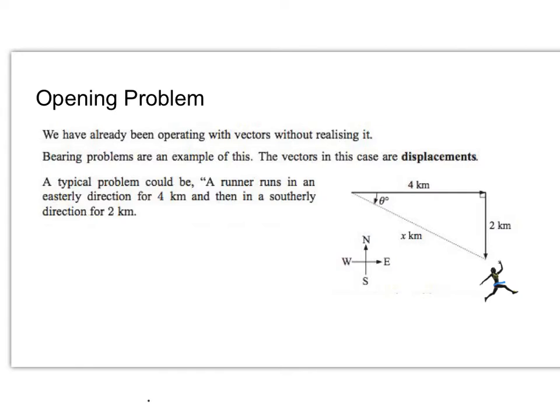This vector here has a length of 4 units, and then my other vector here going south has a length or a magnitude of 2 kilometers. This vector here, well, it's not a vector yet, but now it is. That measures the direction that I'm traveling from my starting point, and it's also how far I've gone. That's called displacement.